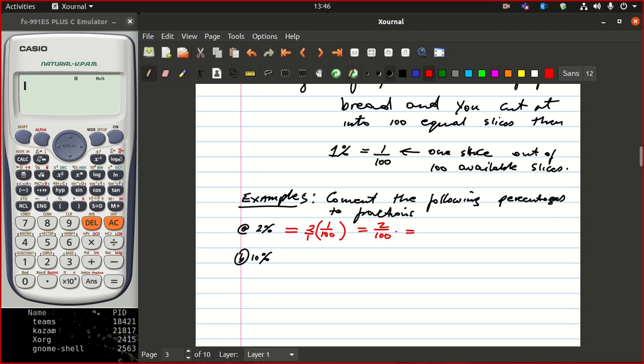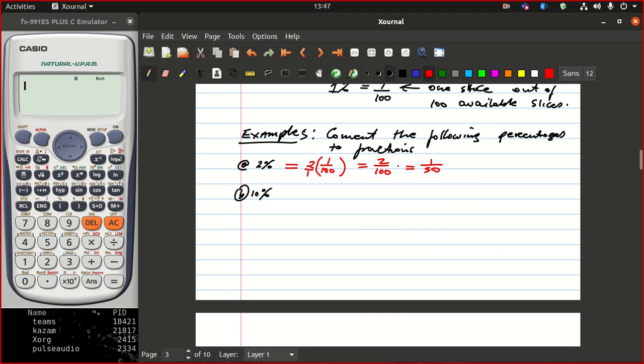So 2% is telling us that we have 2 out of 100 equal pieces. 2% is just 2 equal things out of 100 available equal things. So this is our 2%, or 1 over 50.